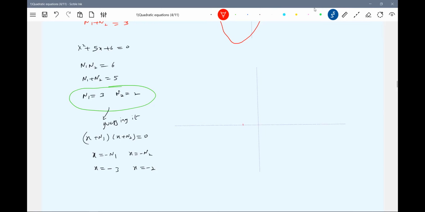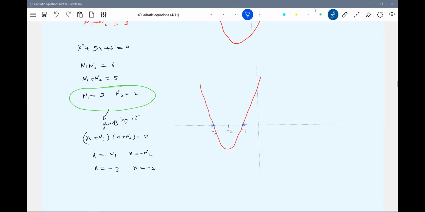So if this is minus 1, minus 2, minus 3, the curve will come and look at the points of intersection.